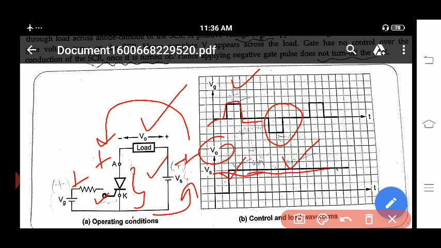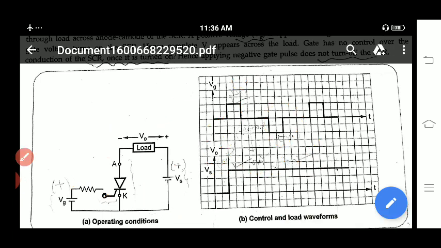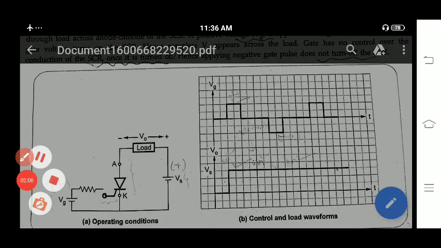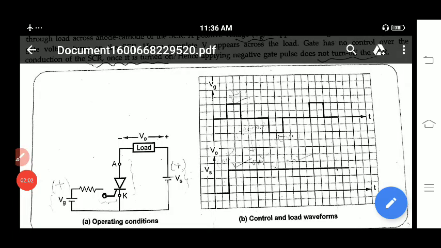V0 will be the same as Vs, which represents that the SCR is in on state even though you have applied negative VG. So from this you can say that the gate has control over the SCR operation only during turn on. You can't turn off this SCR using this gate supply.